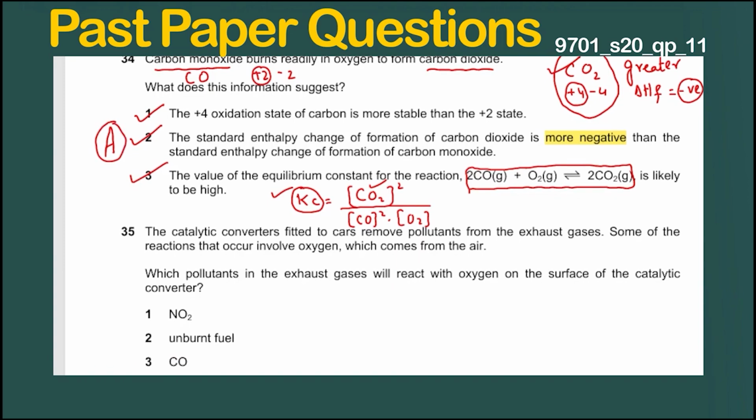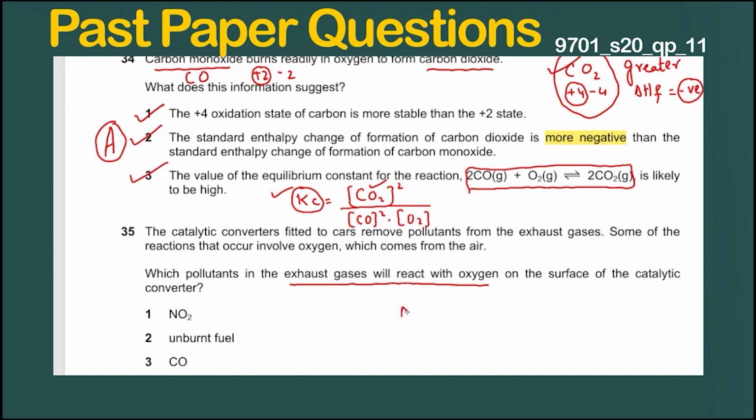Question number 35. The catalytic converter fitted to the cars removes pollutants from the exhaust gases. Some of the reactions involve oxygen which comes from the air. Which pollutant in the exhaust gases will react with oxygen? Exhaust gases will react with the oxygen on the surface of the catalytic converter. Beta, the first option is nitrogen monoxide, dioxide.